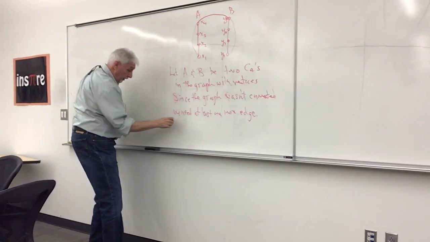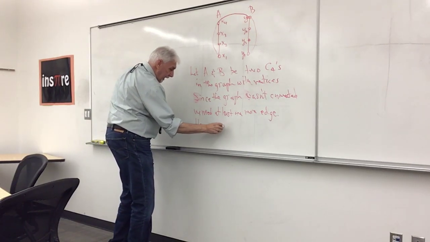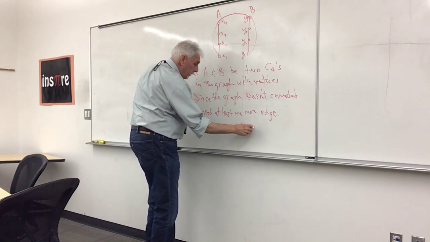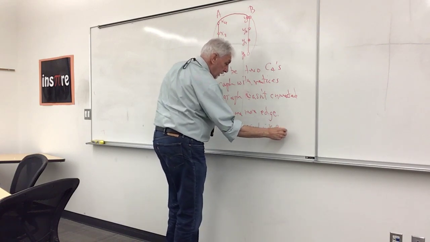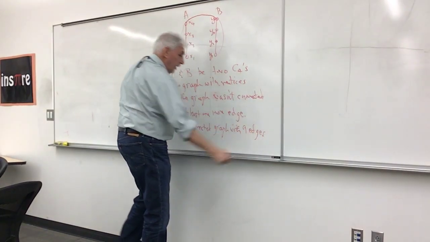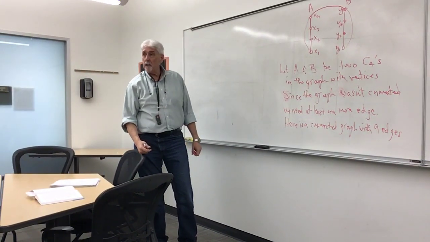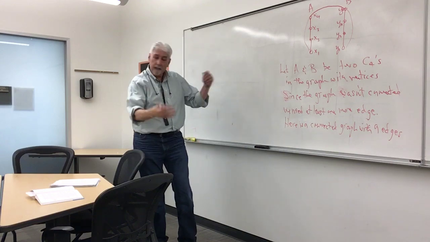And here is a connected graph with 9 edges. And if you want to be really over the top, with 9 edges and 2 disjoint C4s. So it depends on how many words.